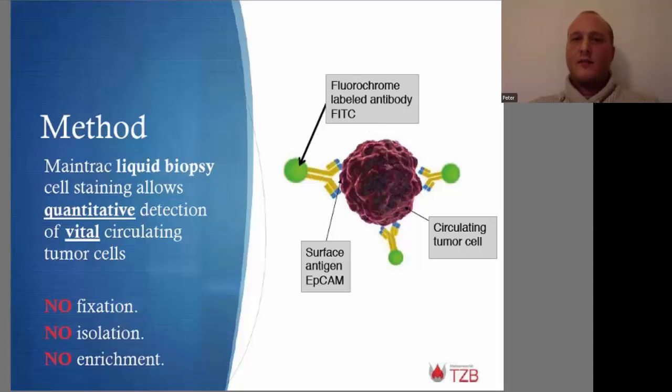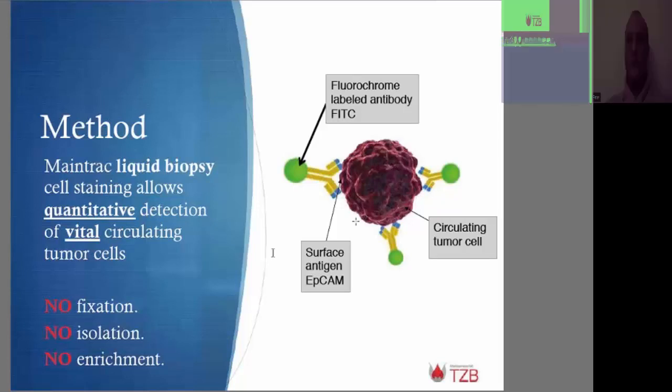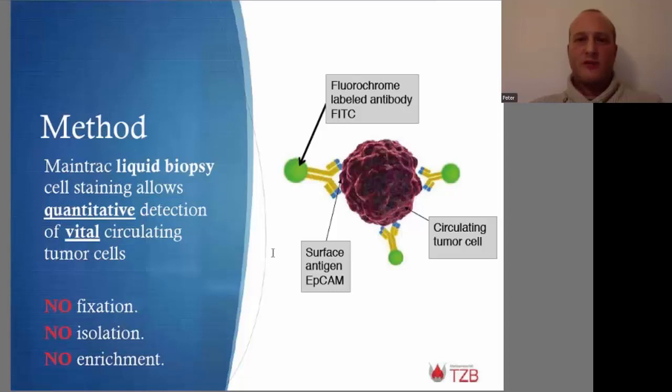And what we look for is the surface antigen called EpCAM, the epithelial cell adhesion antigen. We use simple staining with a fluorochrome-labeled antibody, which sticks to that antigen on the surface of the circulating tumor cell. And with our microscopes, we can count this cell.